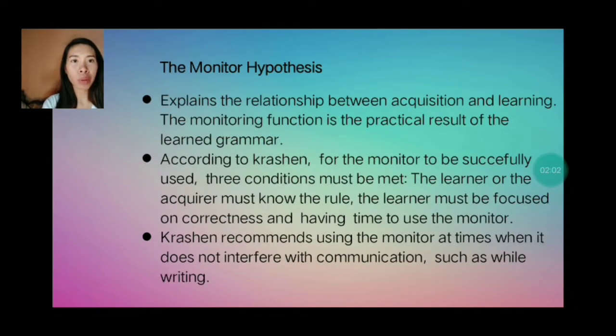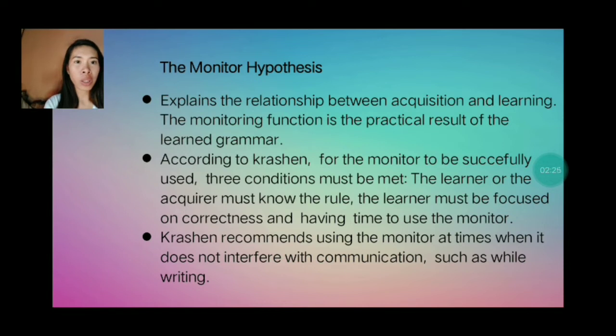The monitor hypothesis. The monitor hypothesis explains the relationship between acquisition and learning. The monitoring function is the practical result of the learned grammar. According to Krashen, for the monitor to be successfully used, three conditions must be met.